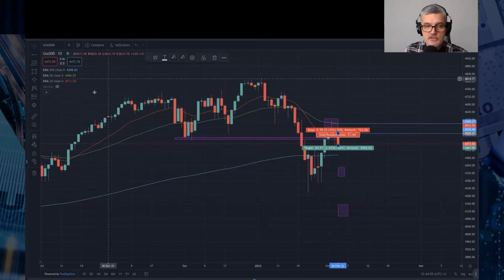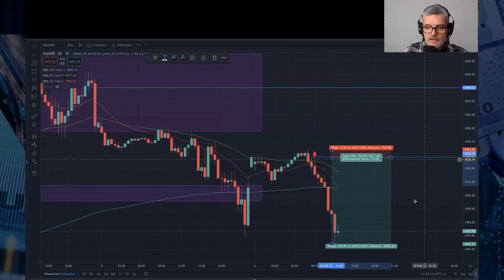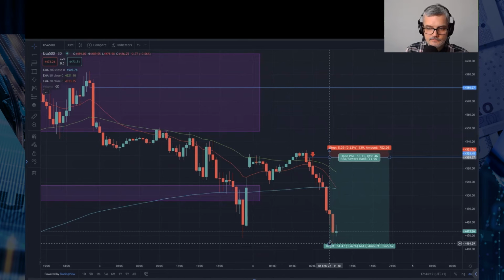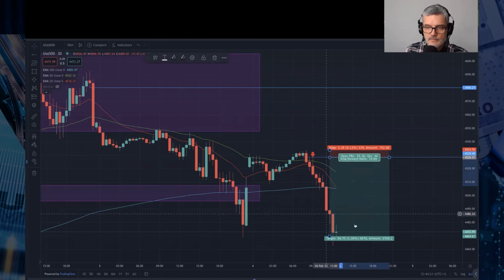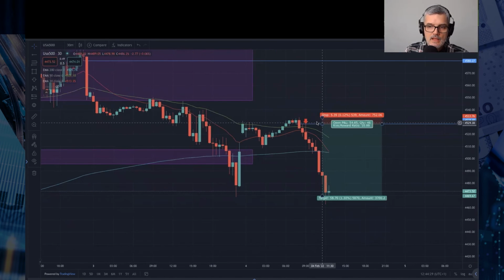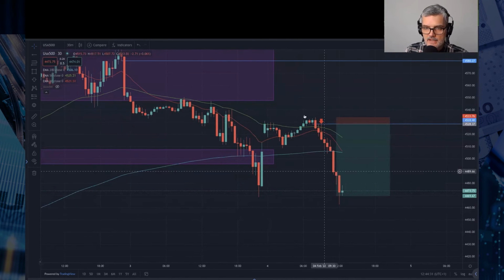You're looking to risk a little bit and win a lot. So assuming you just took out the swing low here, your risk to reward would have been almost 11, one risk for 11 rewards. So that's that trade done.